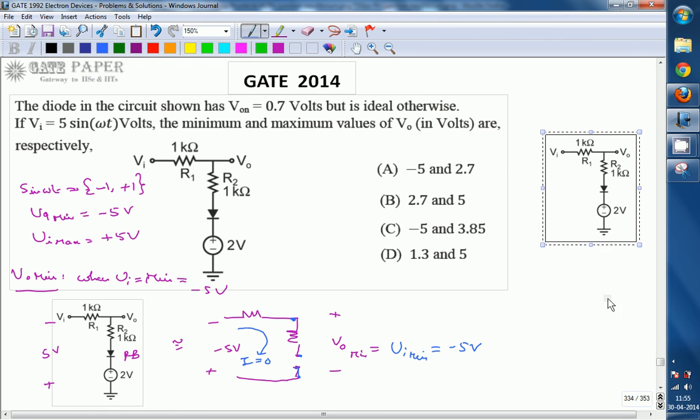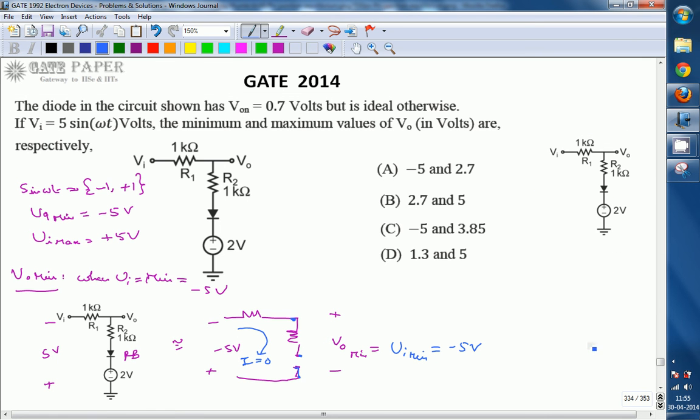To calculate V0 maximum, V0 maximum occurs when Vi is maximum. When Vi is maximum, that is +5 volts, this is plus and this is minus.